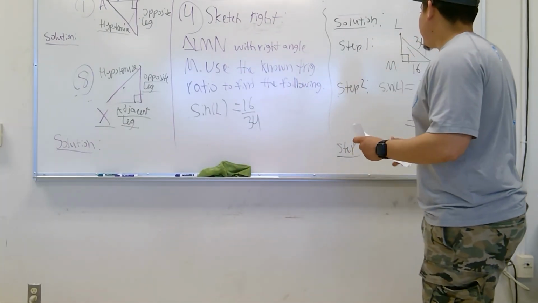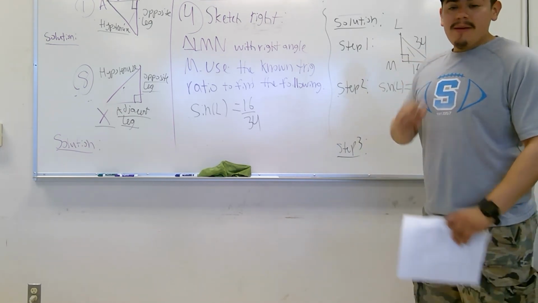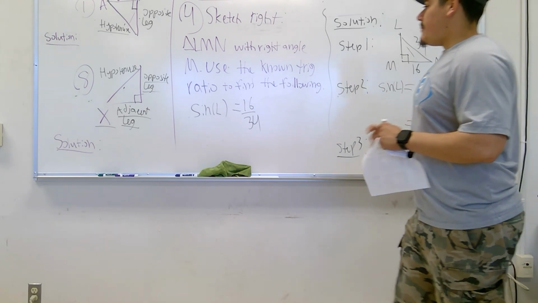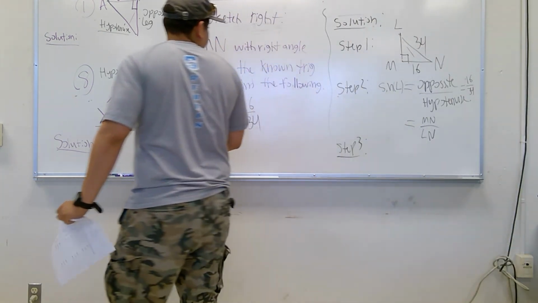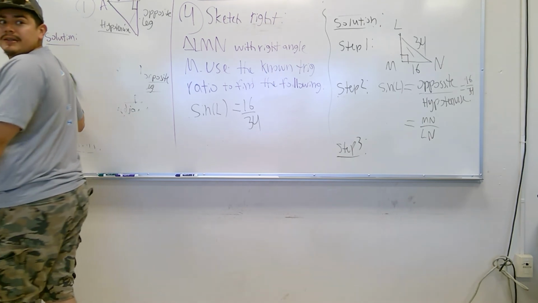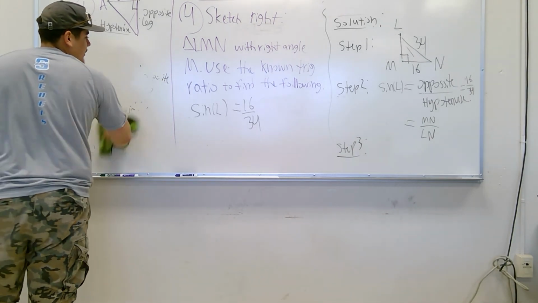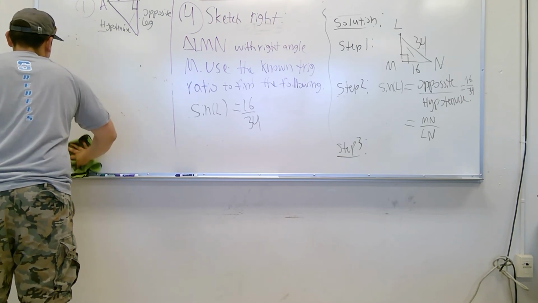Step 3 is going to be to find LM. I'm going to move over here because there's no more room. I don't want to erase anything, so I want you guys to have all the steps.